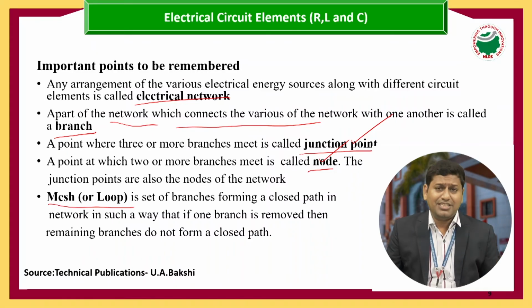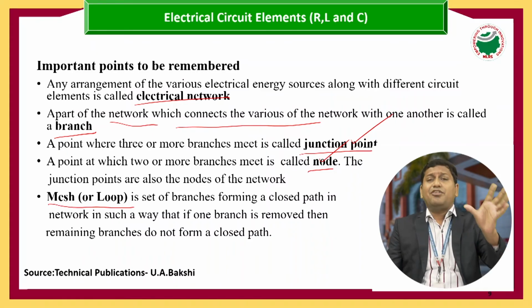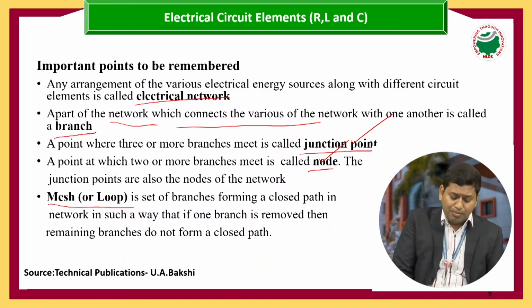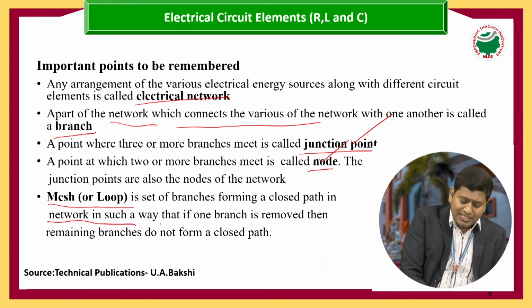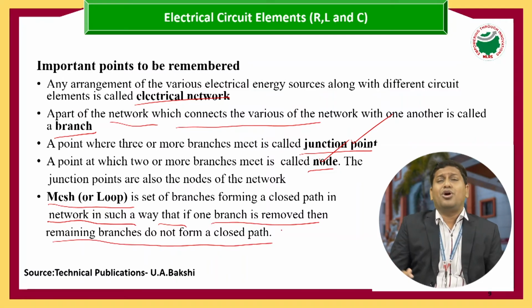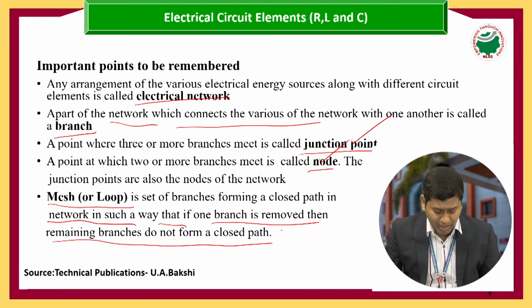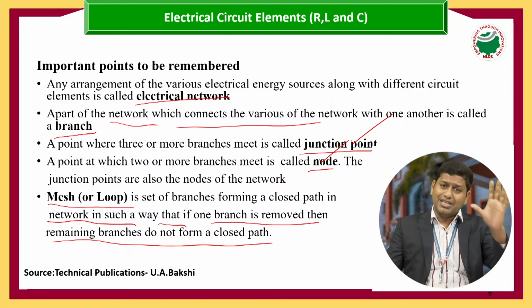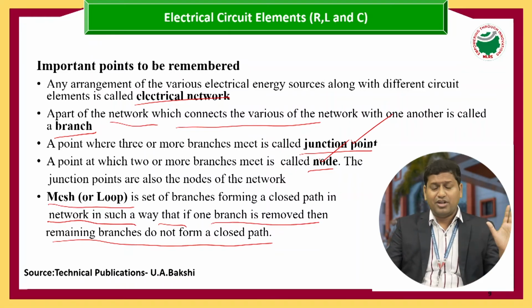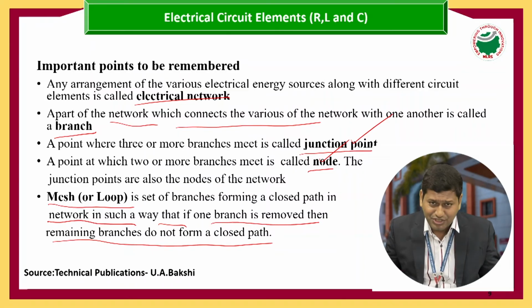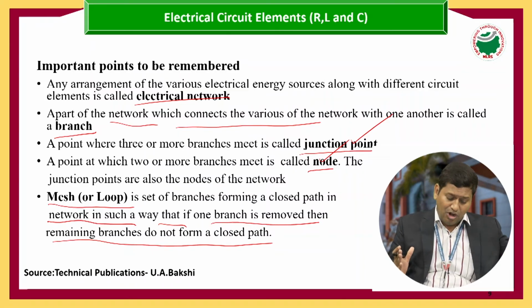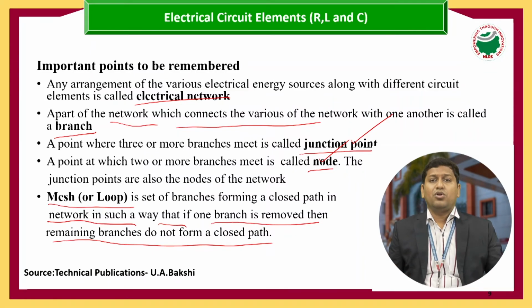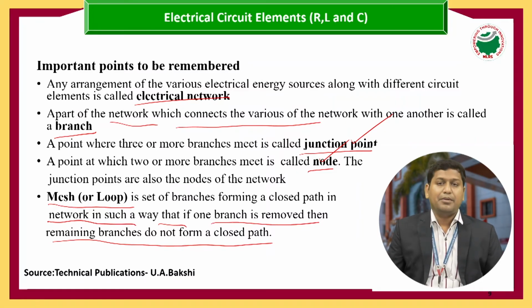A mesh or loop is a set of branches forming a closed path in a network in such a way that if one branch is removed, then the remaining branches do not form a closed path. So a mesh or loop is like a closed path. If I remove one branch, it cannot form a closed path with the remaining branches.